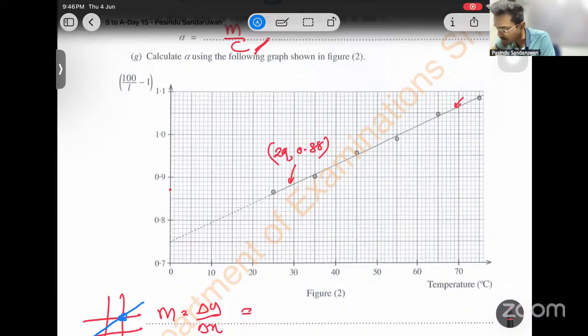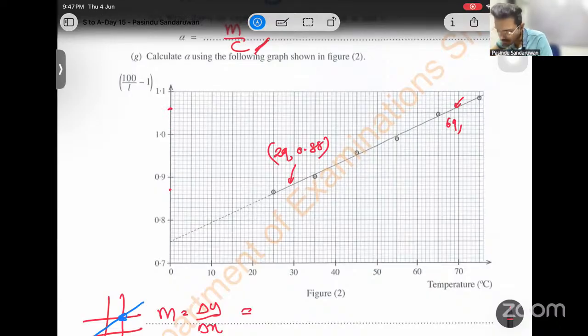0.88 is the coordinate here. Then we need to find this coordinate too. This x is 69, and check the y from this side. Y is coming to one above this one.